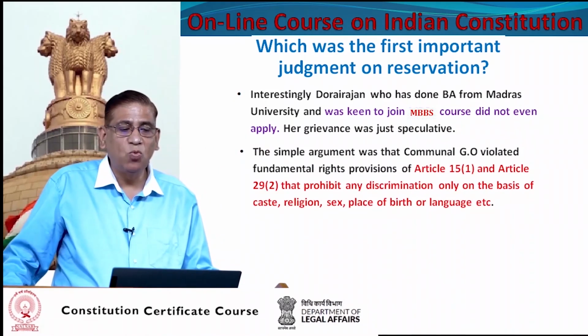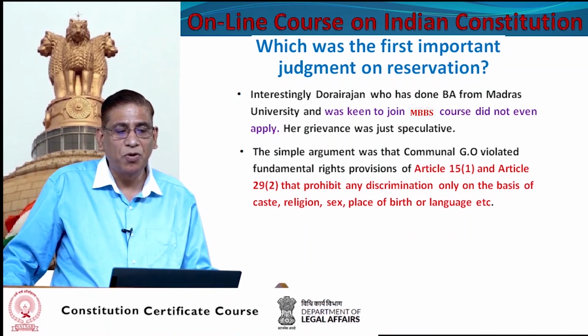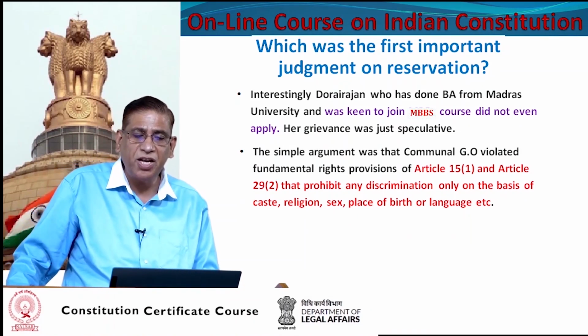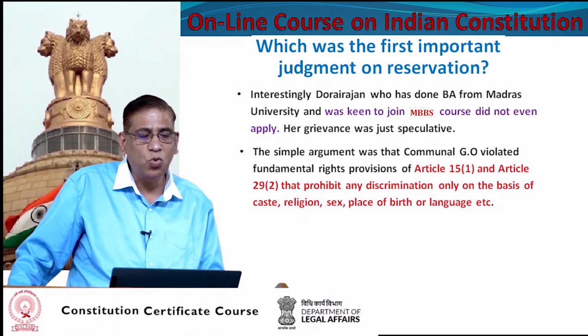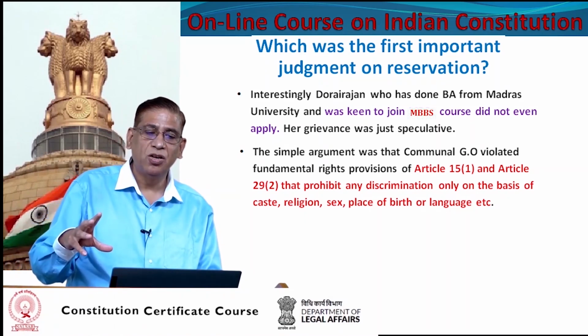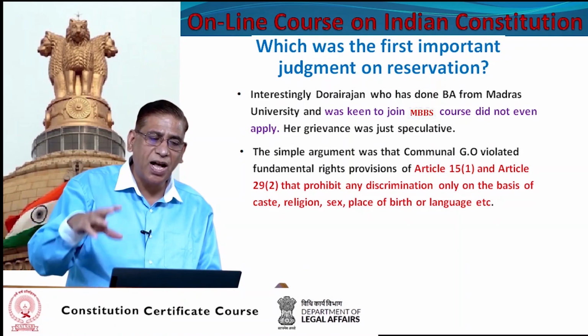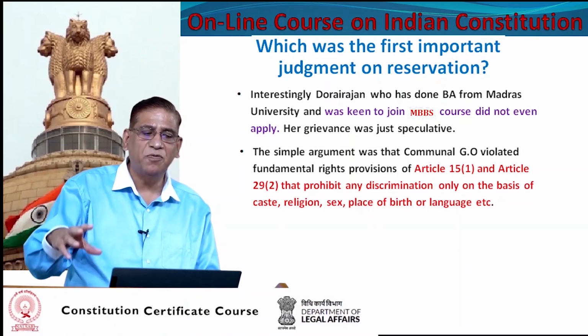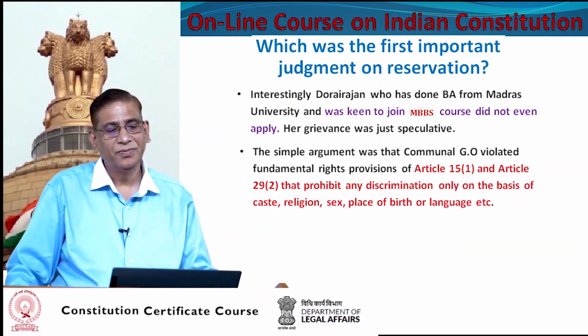The simple argument was that communal GO violated fundamental rights provisions of Articles 15 Clause 1 and Article 29 Clause 2 that prohibit any discrimination only on the basis of caste, religion, sex, place of birth, language, etc.